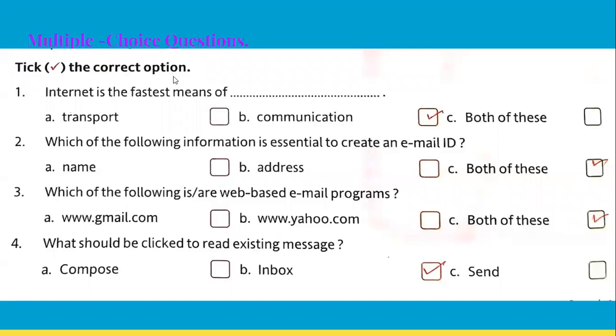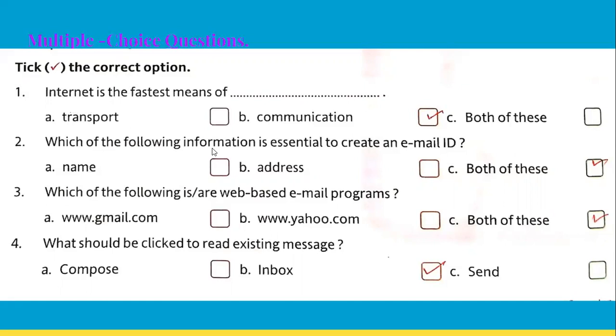Tick the correct option. First, the internet is the fastest means of transport, communication, or both of these. The correct answer is communication. The internet is the fastest means of communication. Number 2, which of the following information is essential to create an email ID?